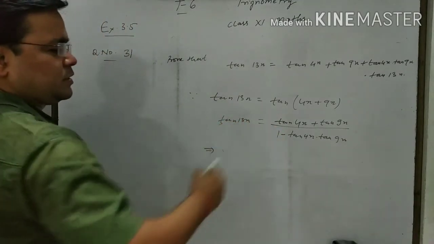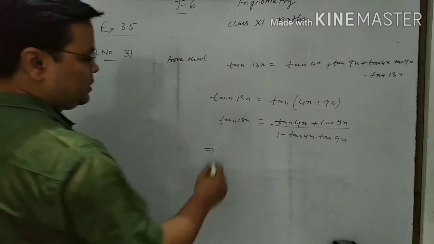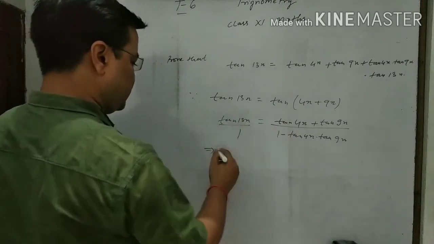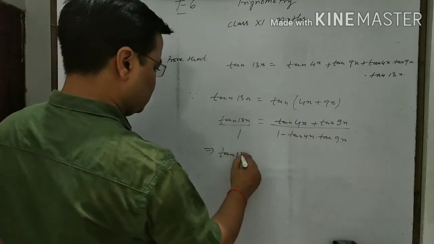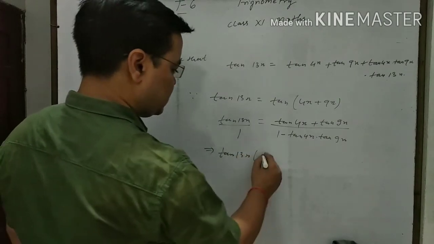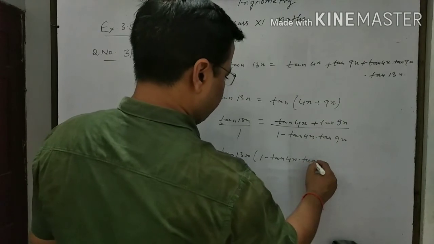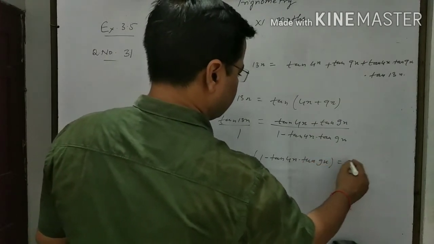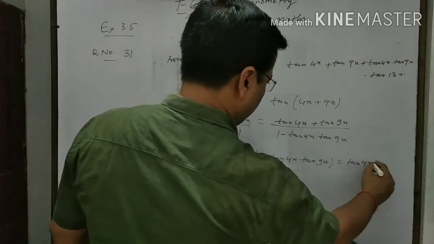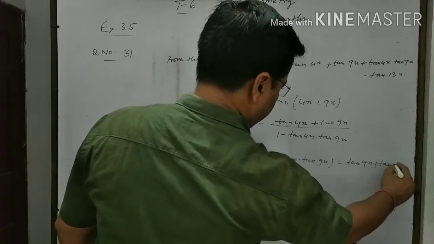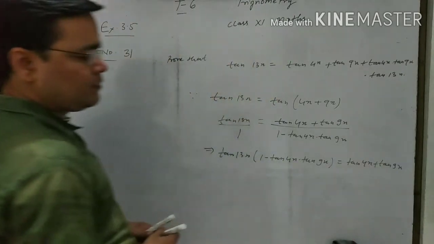Now we will do cross multiplication, this side and this side. Here it will be tan 13x within bracket 1 minus tan 4x tan 9x is equal to tan 4x plus tan 9x.